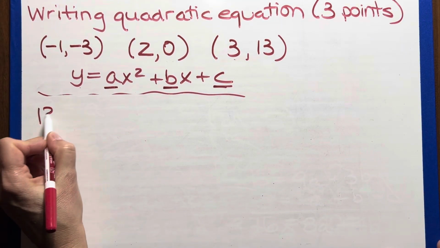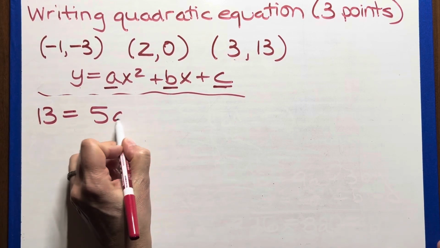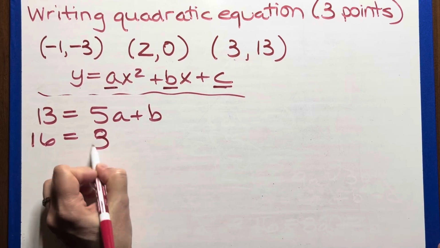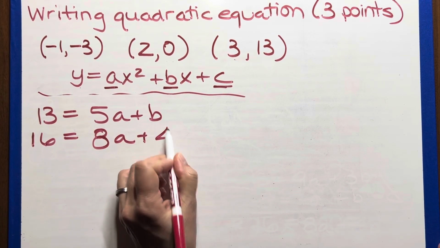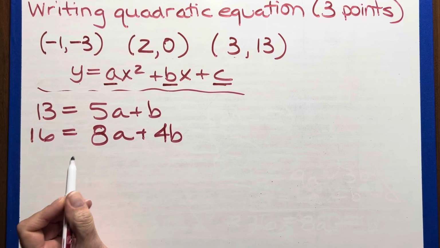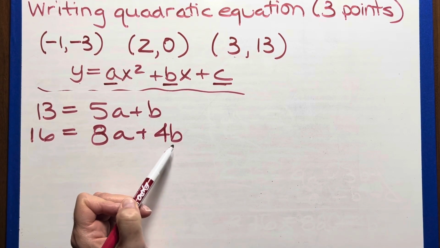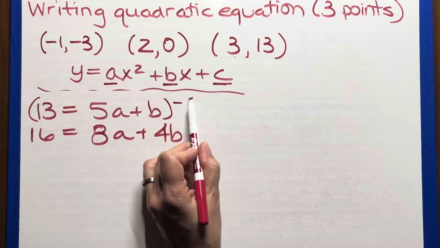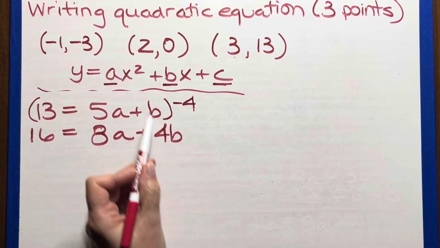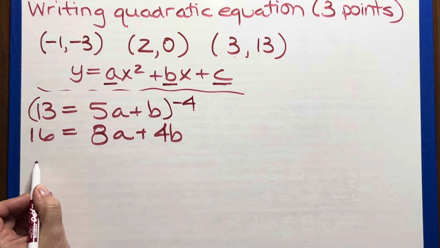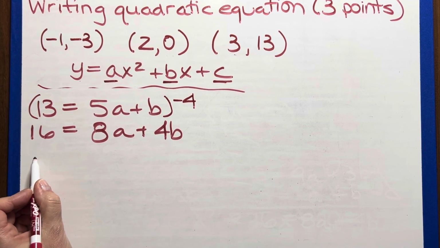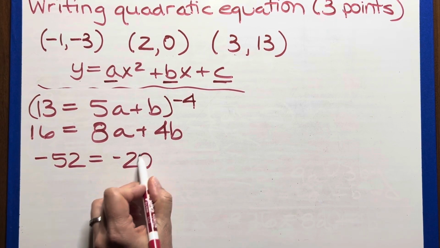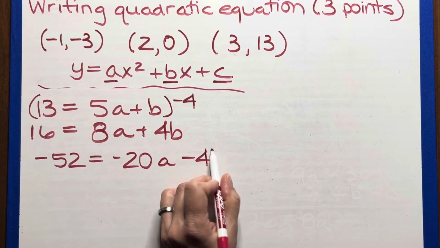Okay, so let's go back and start again with those 2 equations. I've got 13 equals 5a plus b, and I've got 16 equals 8a plus 4b. It looks to me like the easiest one to eliminate is going to be this b term. I think I'm going to multiply through by -4 to get these to cancel out. So I'm going to have 13 times -4, that's -52, equals -20a minus 4b.